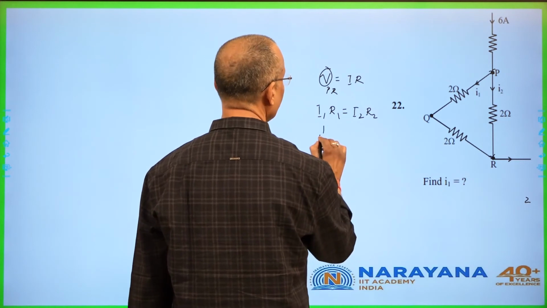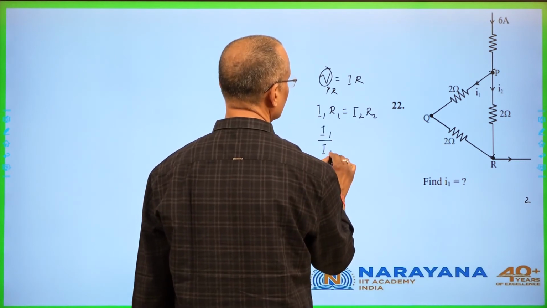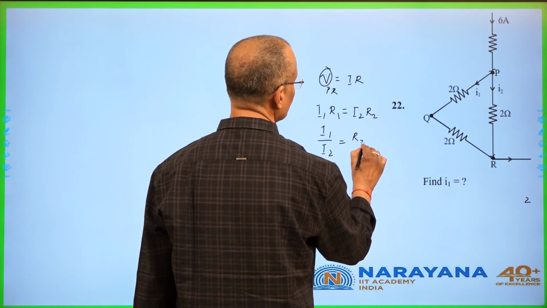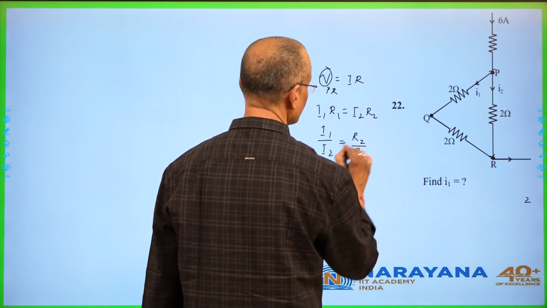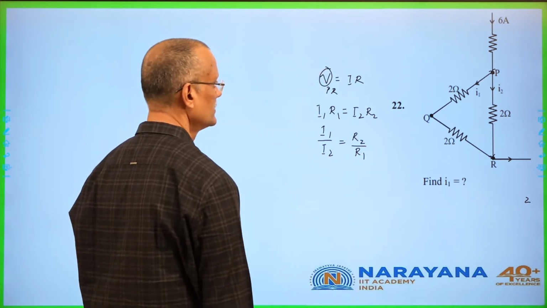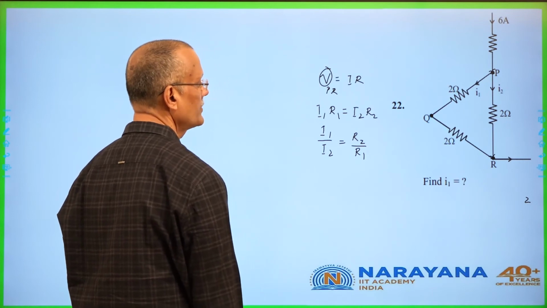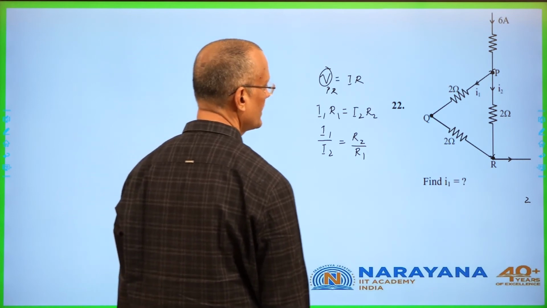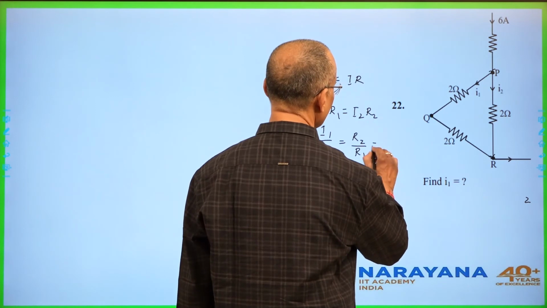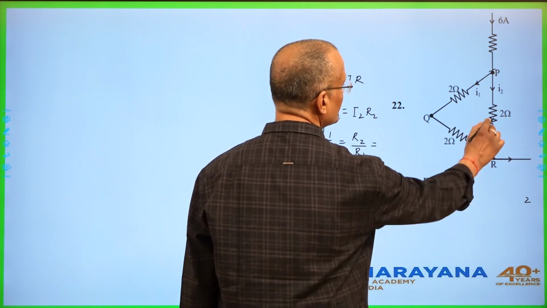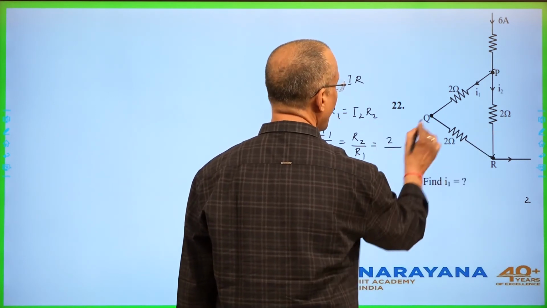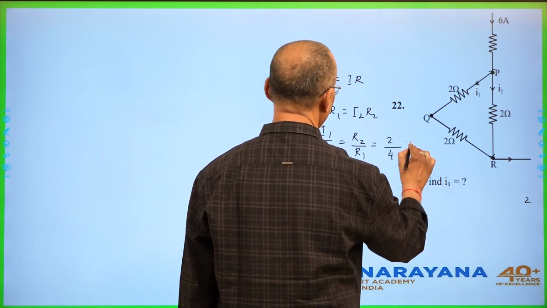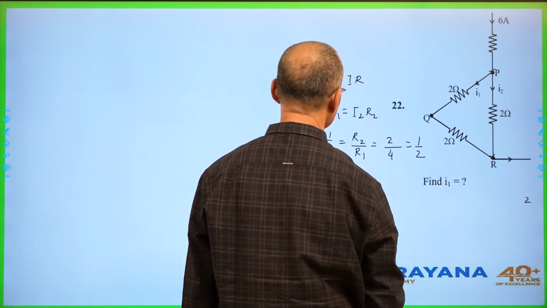So I1 by I2, R2 by R1. Verbally I can do it, but I am showing you. Okay? So I1 by I2 will be equal to R2 by R1. So you see here, R2 is 2, R1 is 4, so 1 by 2.